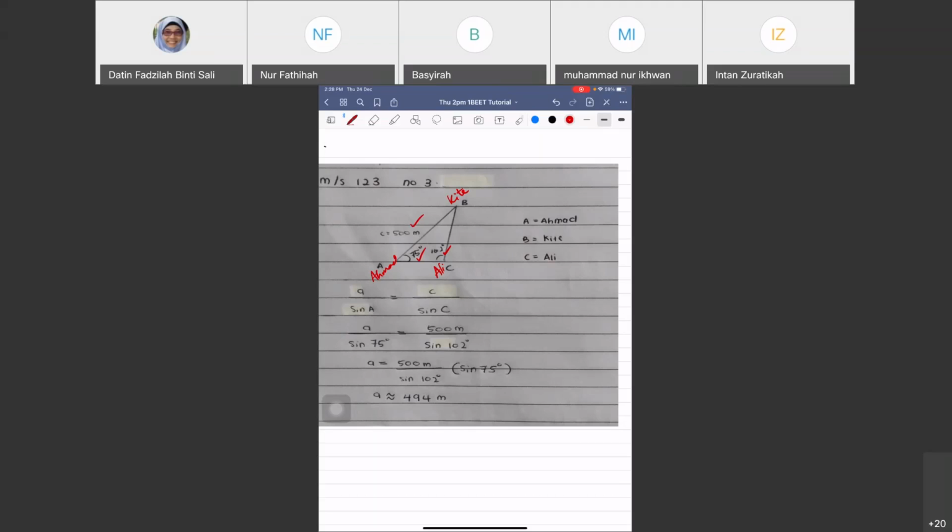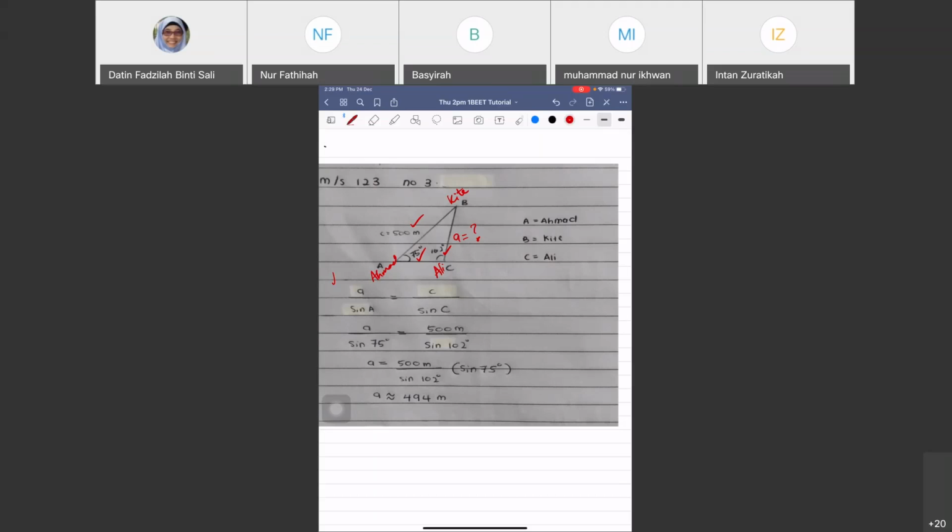you know that what you want is how far the kite is from Ali. Your friend, use A, so this is the A. This is what you want to find, that distance. This is quite straightforward. This is an oblique triangle where you can just use the law of sine.